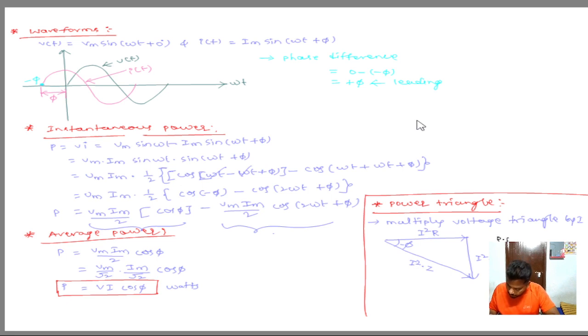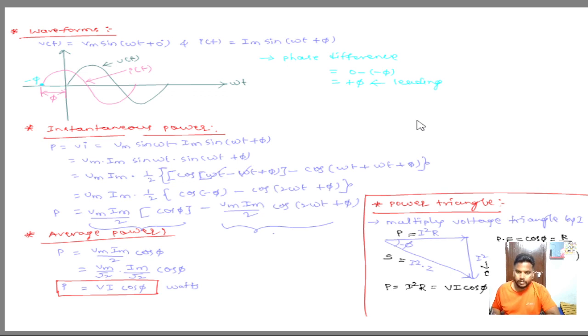Power factor cos phi is equal to R by Z, because I square R by I square Z gives R by Z. Phase angle phi is equal to tan inverse of XC by R. I square R we consider as active power P, I square XC as reactive power Q, and I square Z as apparent power S. Therefore, P is equal to I square R or Vi cos phi.